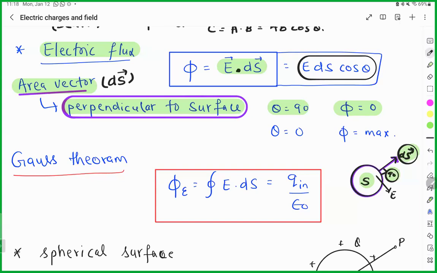What will happen? Your pen will pass on the side of the phone. So no line will pass through your phone. It means electric flux is 0. Understood, or should I turn on the video and then explain?